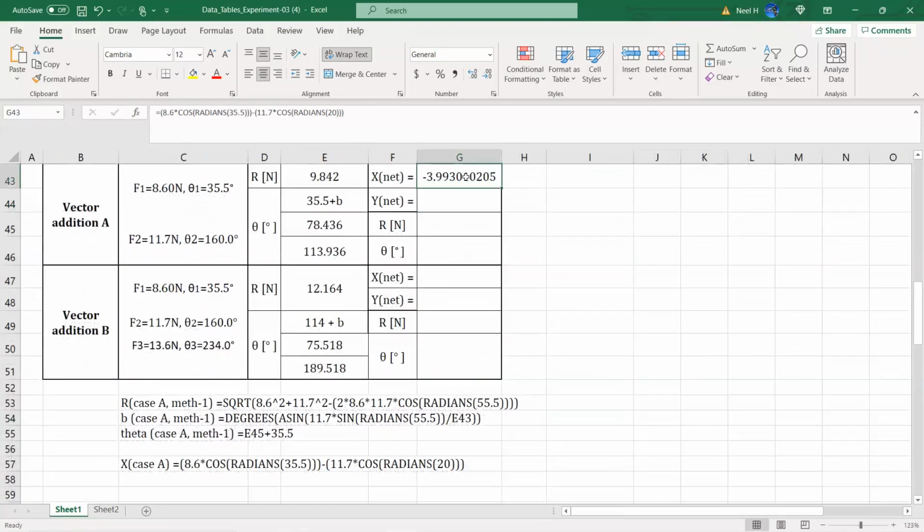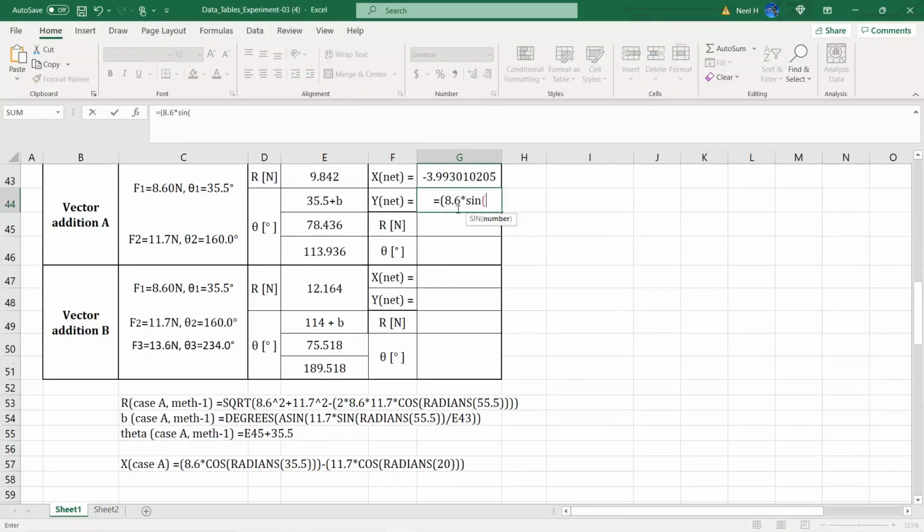And then we'll do y the same way. We don't need this many sig figs. We can get rid of that later. Y component, adding all the sine components: parentheses 8.6 multiplied by sine, parentheses, radians 35.5, close bracket twice, close bracket 3 times, plus open brackets 11.7 times sine, open brackets, radians.